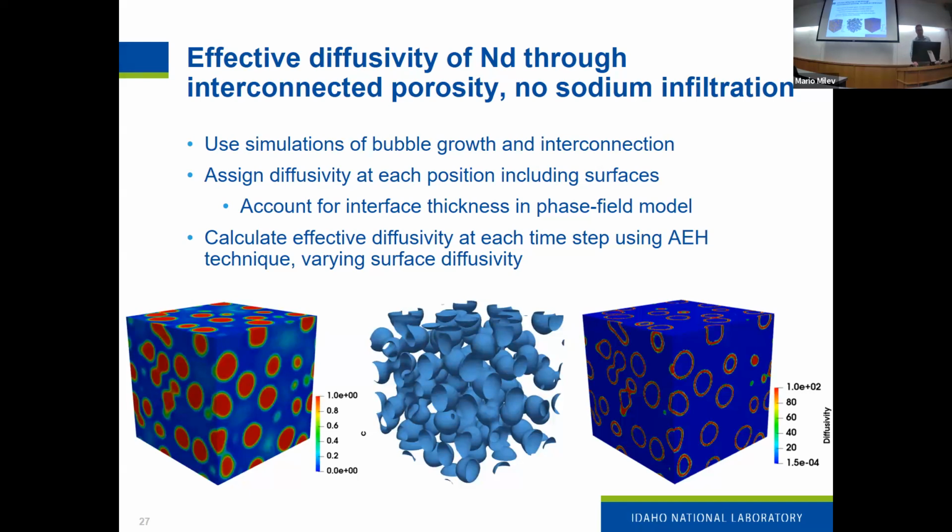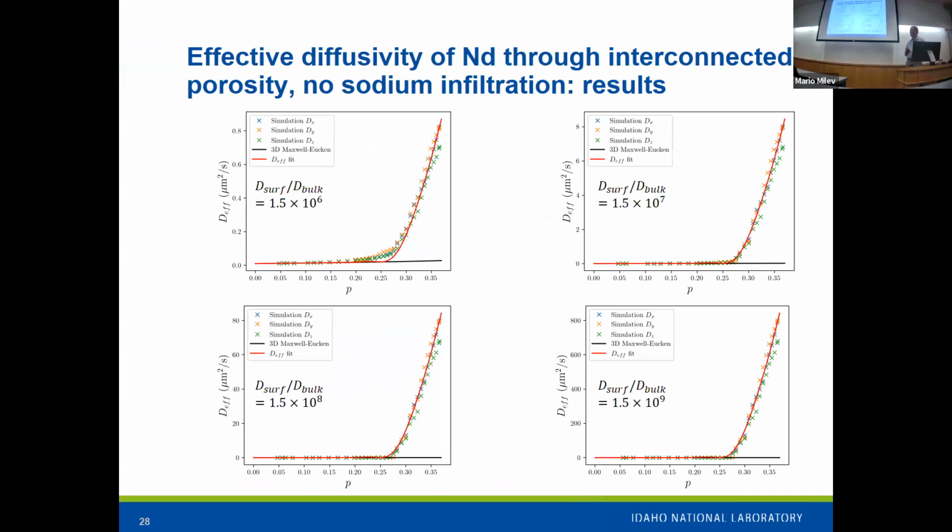By using a lot of batch processing, we were able to crunch a lot of data for a pretty wide range of surface diffusivities, from about 10 to the 6 to 10 to the 9 times greater than the bulk diffusivities, and also a very wide range of porosities.